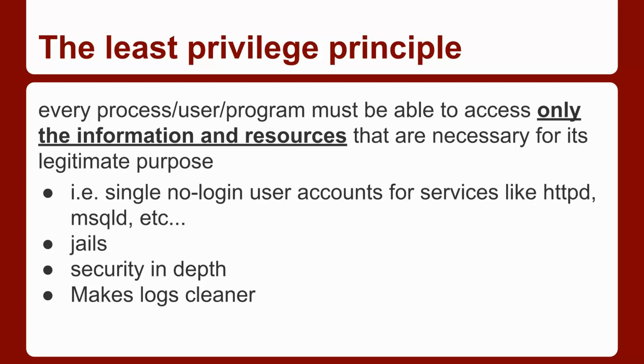It is only given the very least for it to do its job and for it to sufficiently do its job. So things like having a single, no longer used user account for services, so that if you compromise a service, it's not so easy to just spawn a shell, or pass commands up to a system shell, rather.